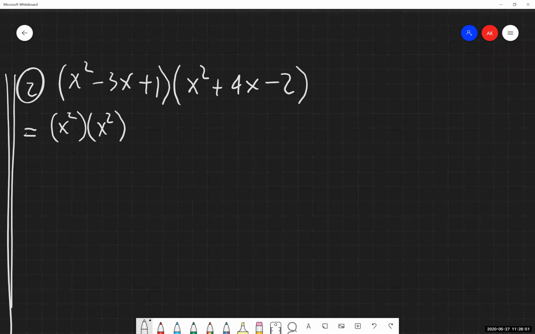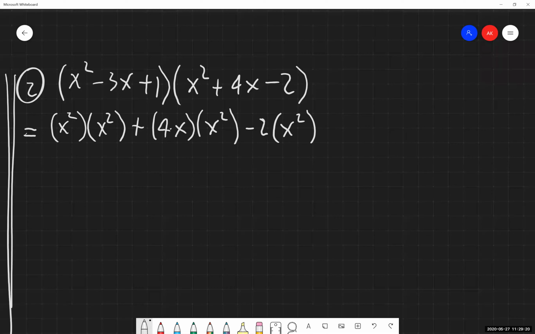So I have x squared times x squared plus 4x times x squared minus 2 times x squared. So I just distributed that first x squared from the first polynomial through to everything in the second polynomial.